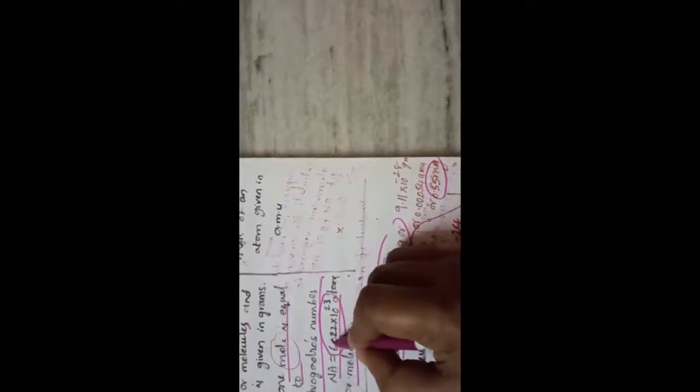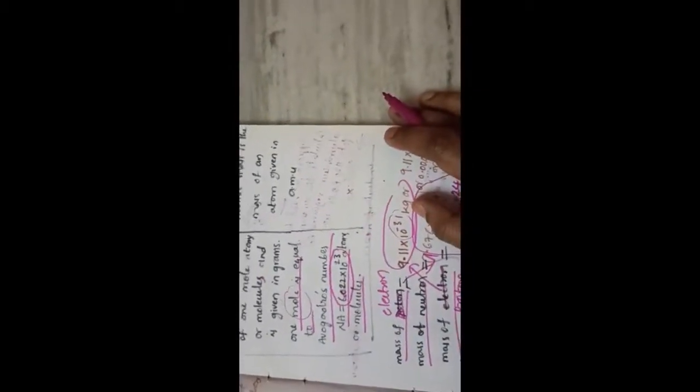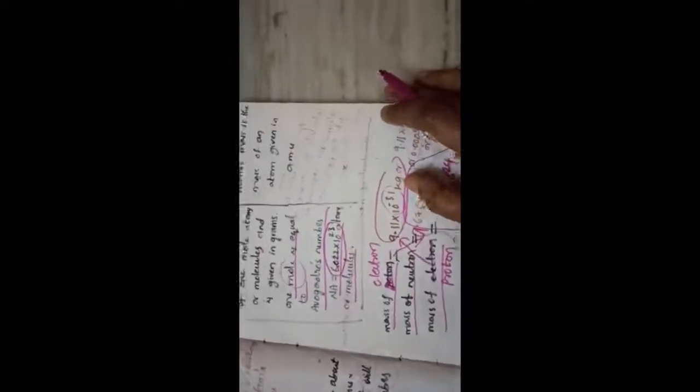For easy denotation and for easy measurement, we will take Avogadro number. And here these are the number of particles, or else atoms, molecules. So for this purpose we need to consider that 1 mole is equal to 6.022 into 10 to the power of 23 atoms or molecules.